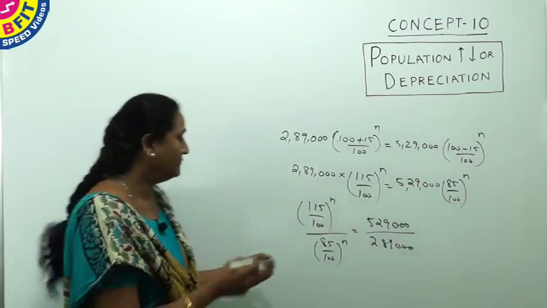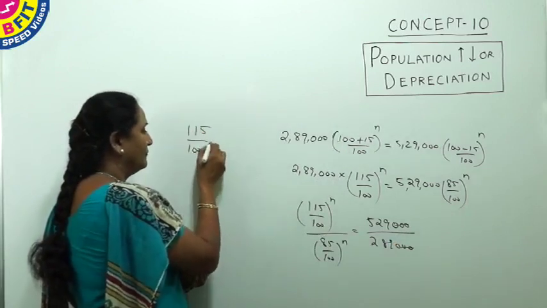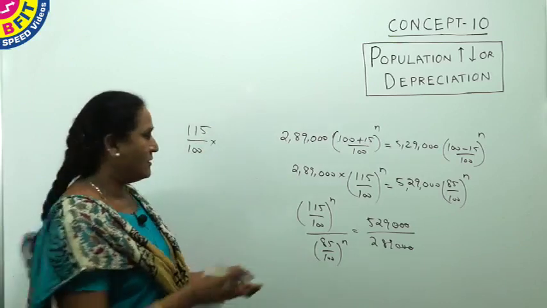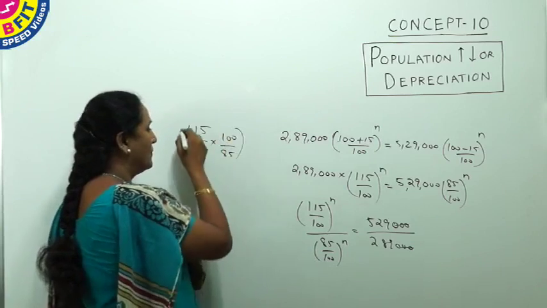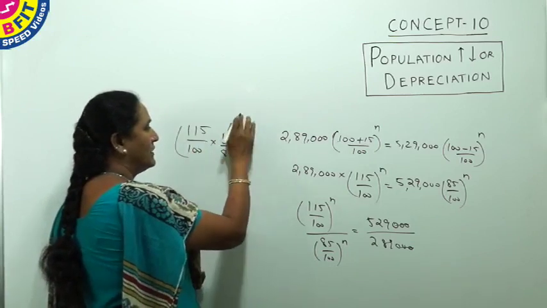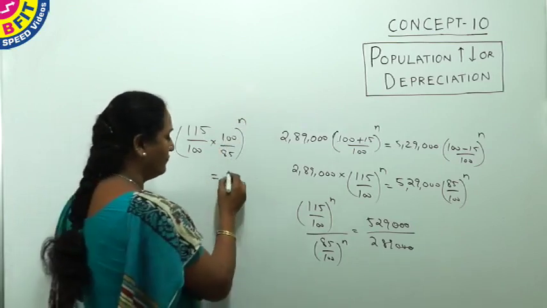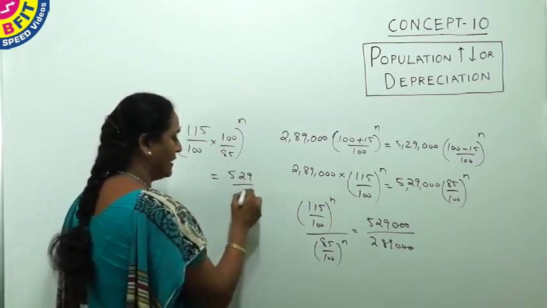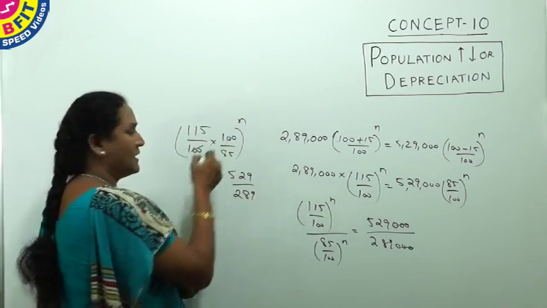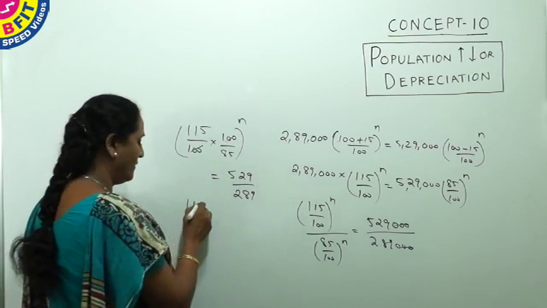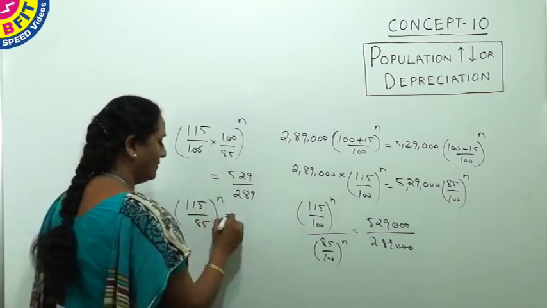So here this division is reciprocated and multiplied. As we have the common part n, this is equal to 529 by 289. Cancelling this 100, we have 115 by 85, the whole power n.